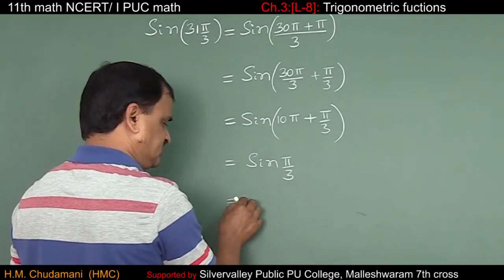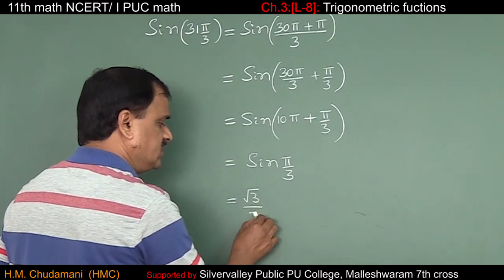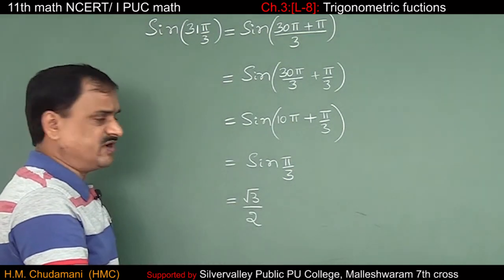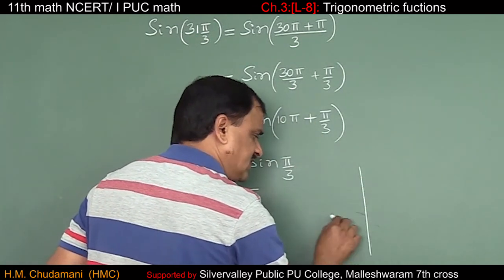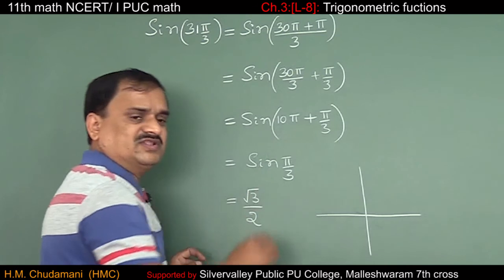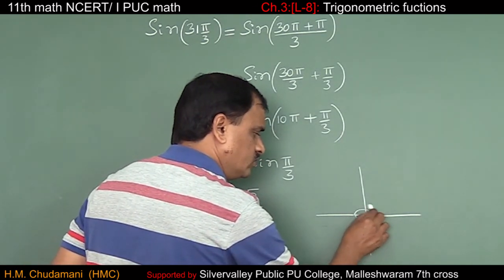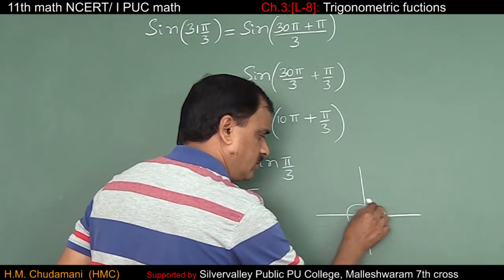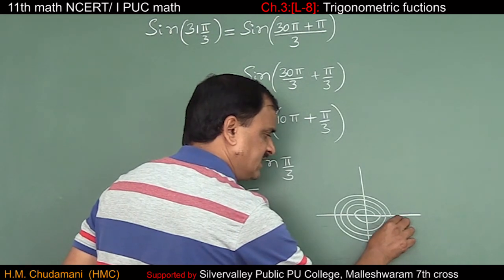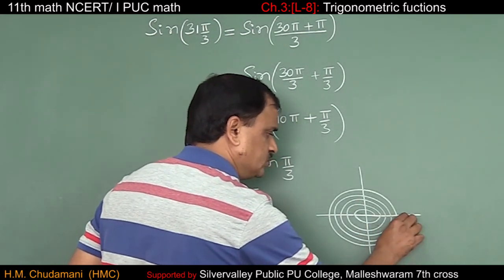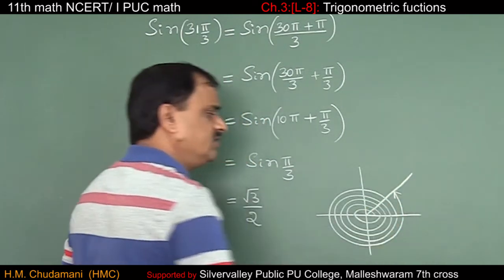Pi by 3 means 60 degree. So sin 60 degree is root 3 divided by 2. Why? Because you can verify, 10 pi plus pi by 3 means somewhere in the first quadrant.